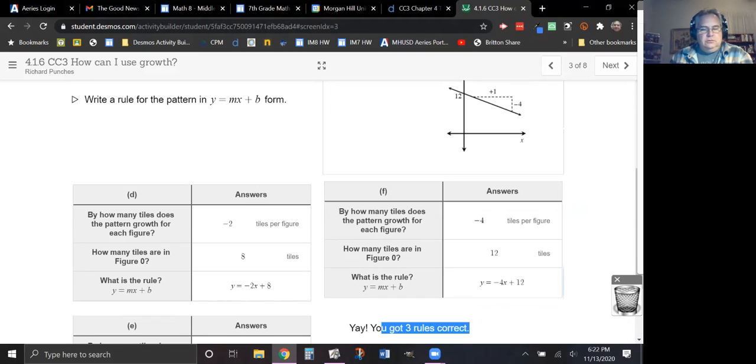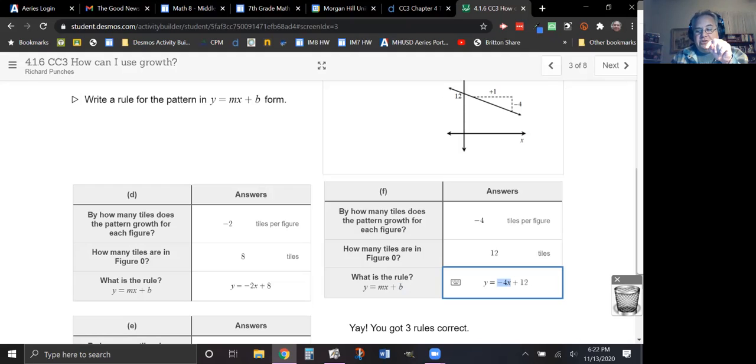Now, again, your responsibility is to learn how this works, right? You have to figure out growth rate, figure 0, and plug them in for the parameters m and b respectively to get y equals, in this case, -4x plus 12. It is super easy for kids to flip those. So you have to know that the growth rate is always the one that goes with x.